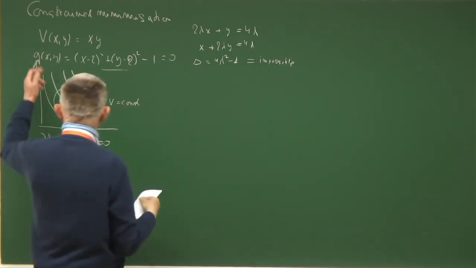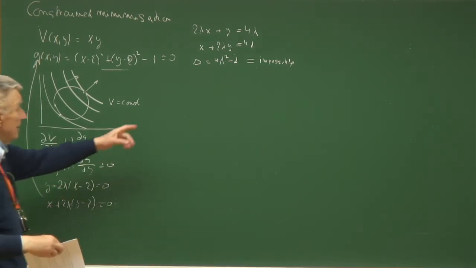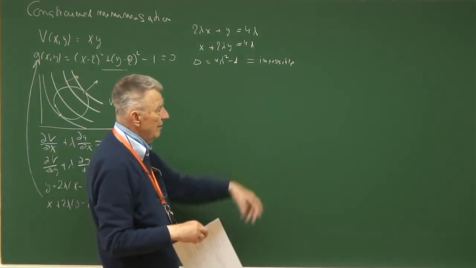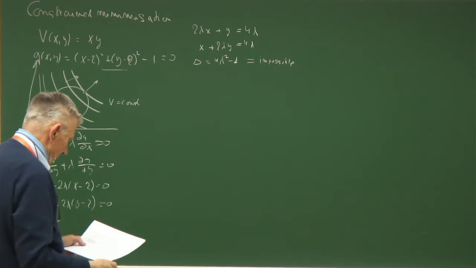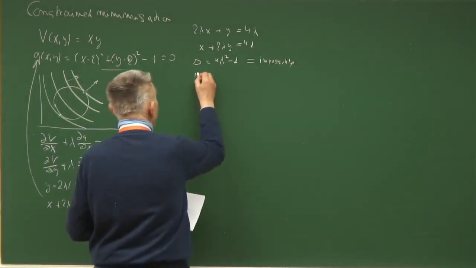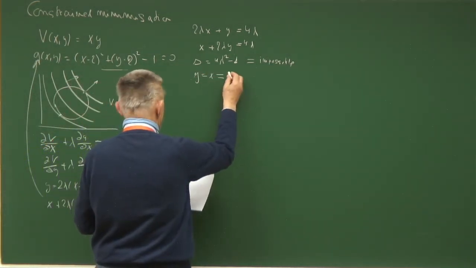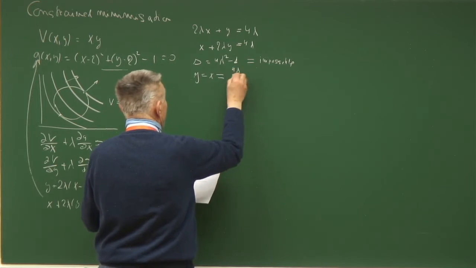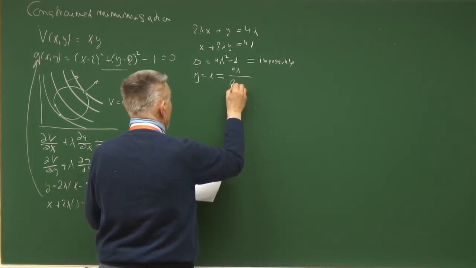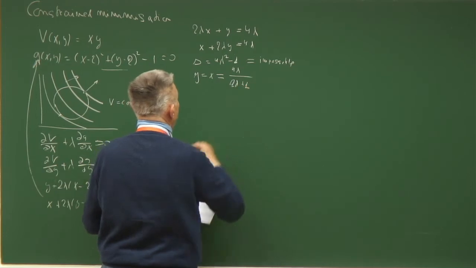You cannot solve all 3 equations with this supposition. So we have y equals x equals 4 lambda over 2 lambda plus 1.